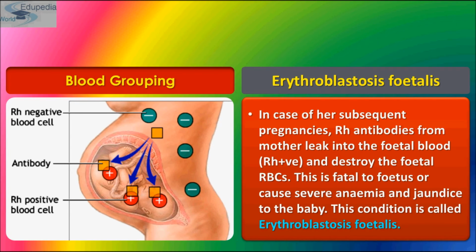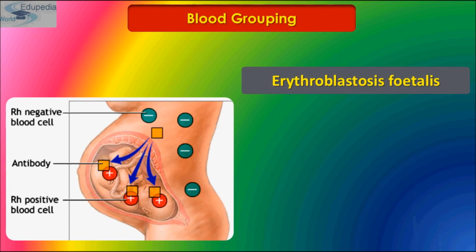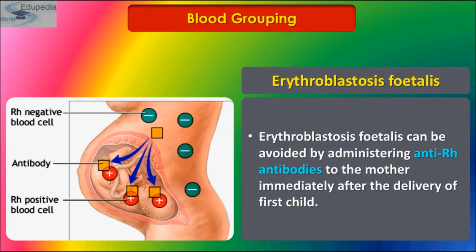This is fatal to the fetus or can cause severe anemia, and this condition is known as Erythroblastosis Foetalis. Okay. Erythroblastosis Foetalis can be avoided by administering anti-Rh antibodies to the mother immediately after the delivery of the first child.